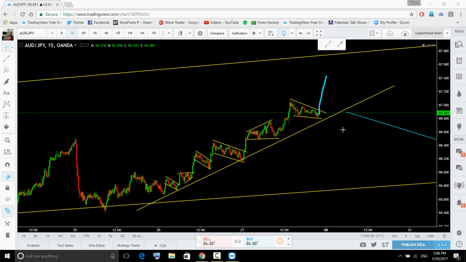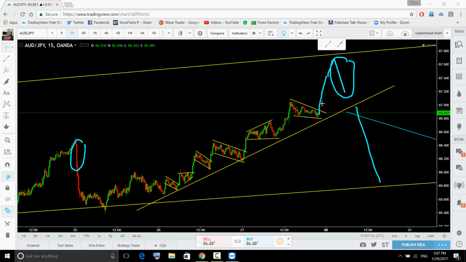So when you need to look for sell, you need to look for it whenever you see this kind of move or this kind of price action somewhere here. If you see this kind of price action here, then you need to look for sell or look for a breakdown.